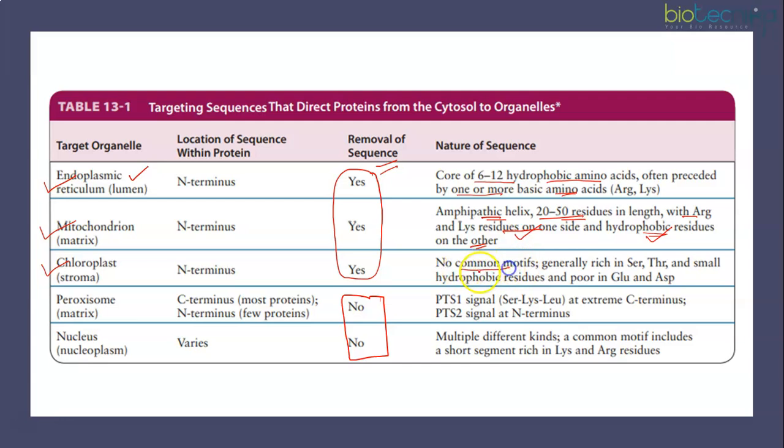They do not have any specific motif, but it is believed that they are rich in serine, threonine and small hydrophobic residues, but poor in glutamate and aspartate. As I mentioned previously, peroxisome has PTS1 and PTS2 signals. If PTS1, it will be towards the C terminus, and if it is PTS2, it will be towards the N terminus.